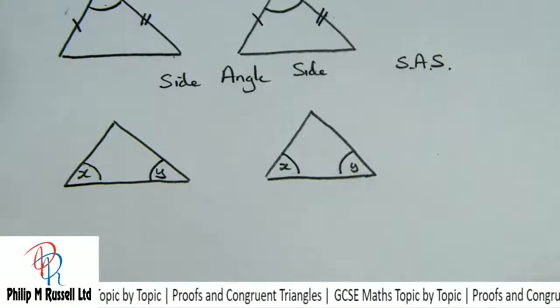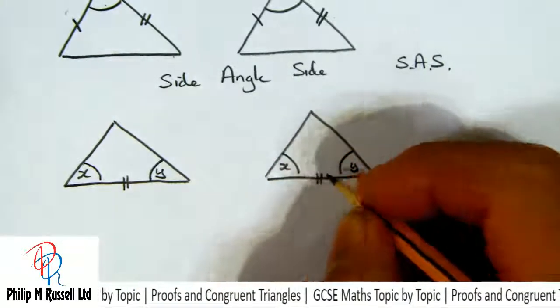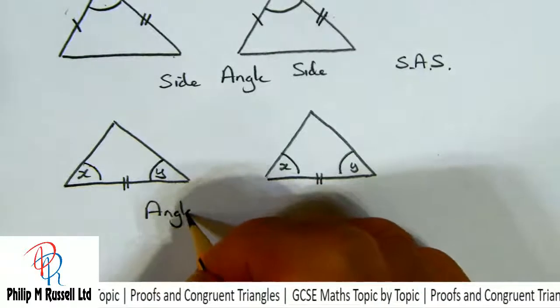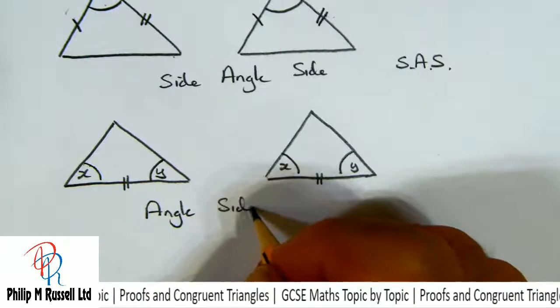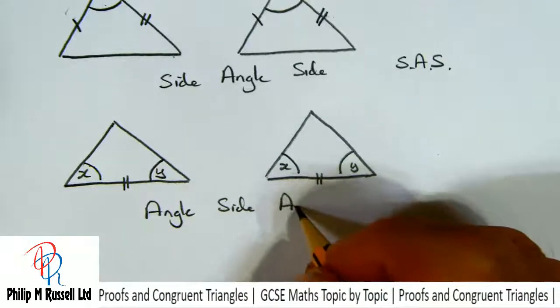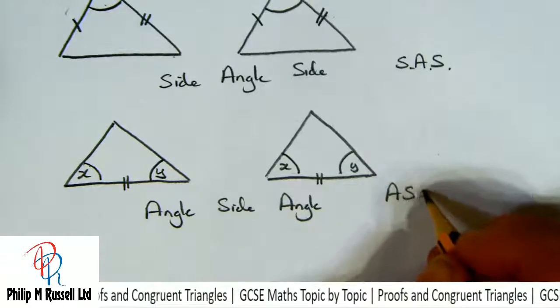And then we can prove that this particular side is equal. This is going to be angle, side, it's got to be the included side, and the angle, which is ASA.